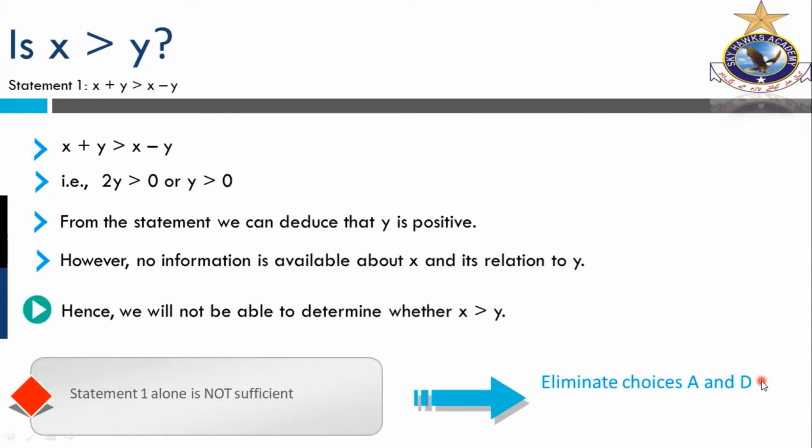So we have left only 3 choices to evaluate. We have narrowed down the options to B, C or E.